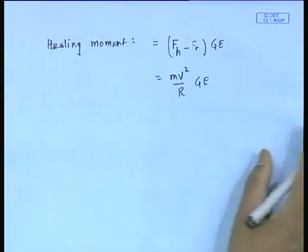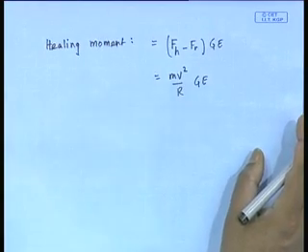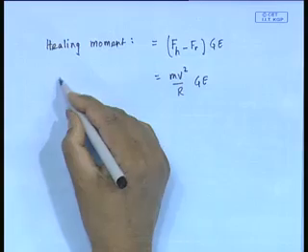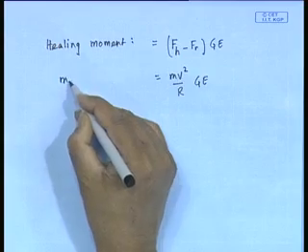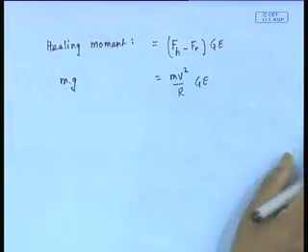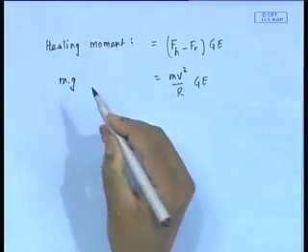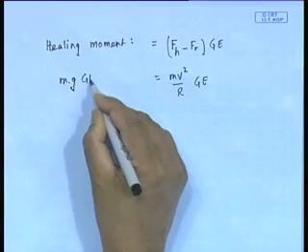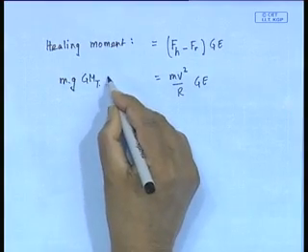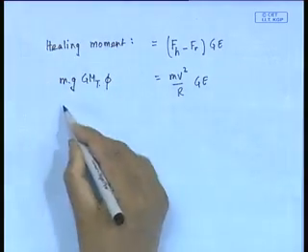What is the heeling moment? Suppose the ship is heeling by phi, this heeling moment is what? M into g, that is weight, into ZZ. ZZ is GM into phi. So from there what do I get?